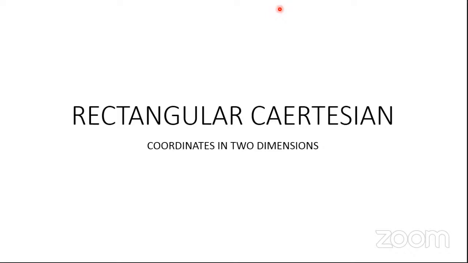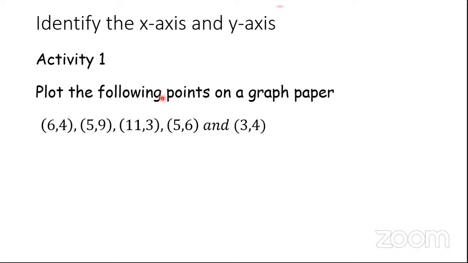Yes. So the work is now simpler here. So our first activity, we are going to first of all identify the x-axis and then the y-axis. That is what we need to know at the end of the lesson. Then our activity is to plot these points here.